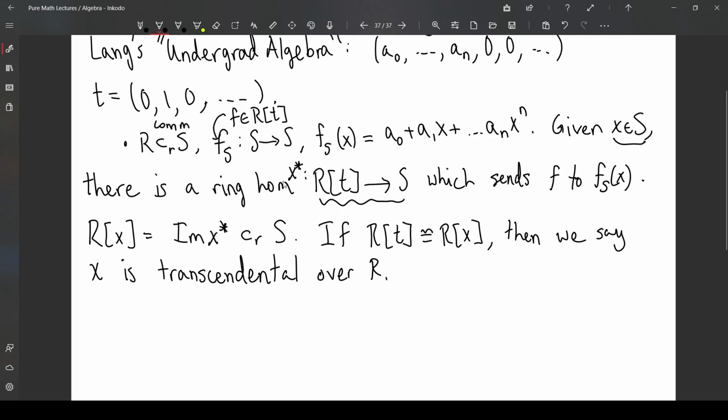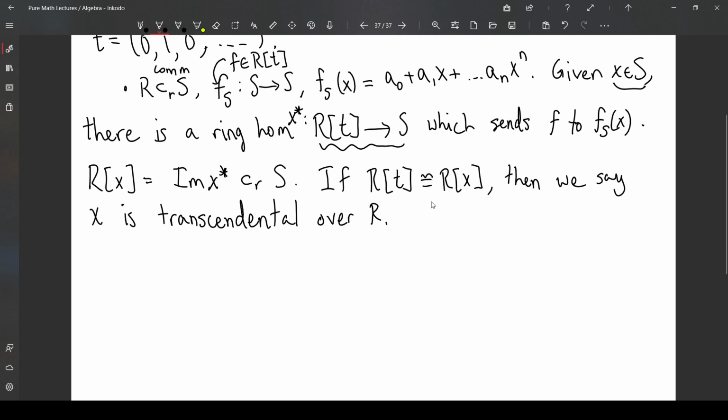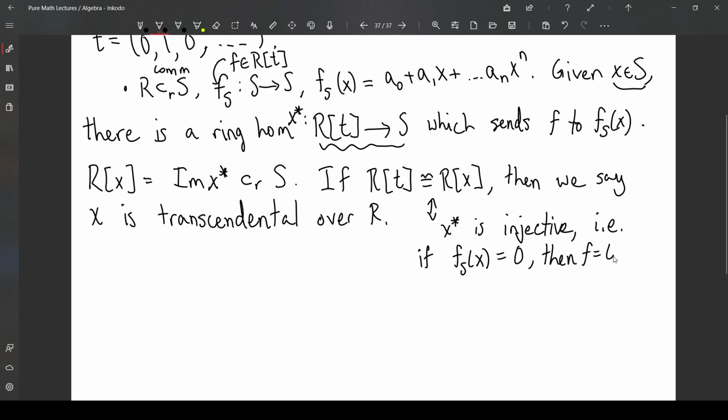And an equivalent way of looking at this is that there's no polynomial over R such that f of x is 0. In fact, this is immediately equivalent to saying that x star is injective, i.e. if f sub s of x is equal to 0, so if I get 0 from plugging x into some polynomial over R, then f must be the 0 polynomial.